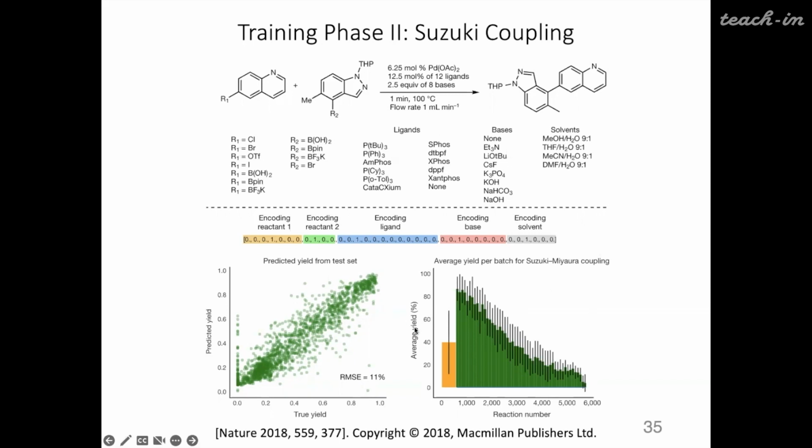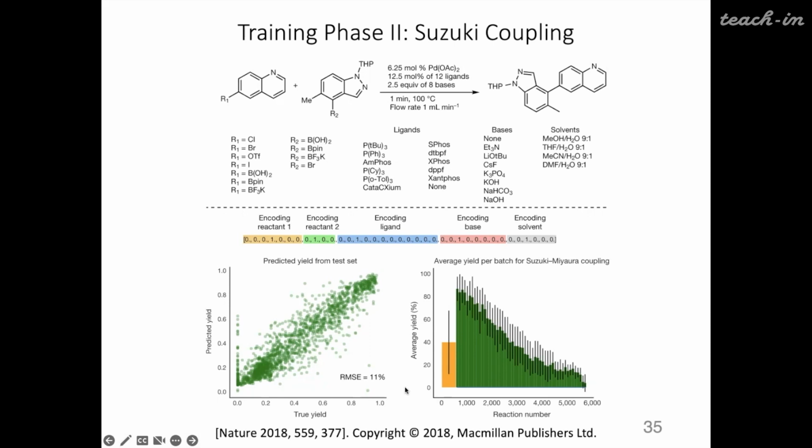And after some exploratory phase, they got the computer to pre-select reaction mixtures that are more reactive or that are more yielding.